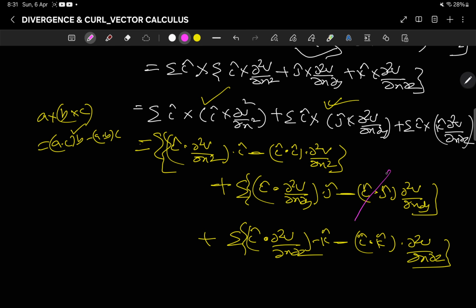So you see here I dot j is 0, I dot k is 0, only this will stand, and I combine these three here.